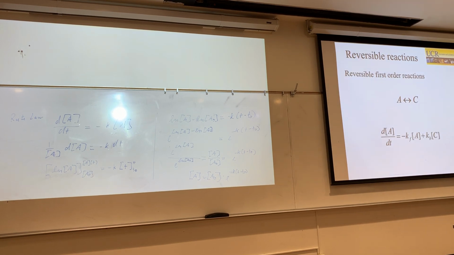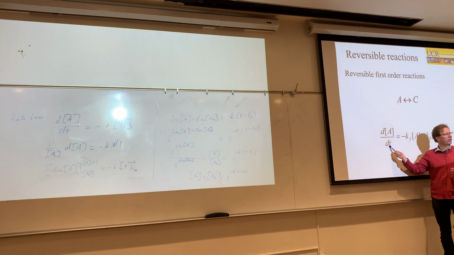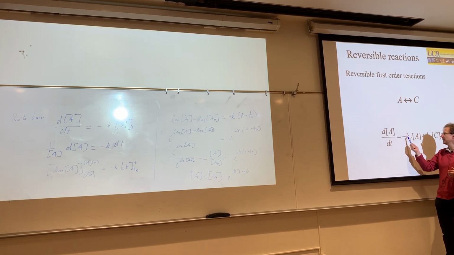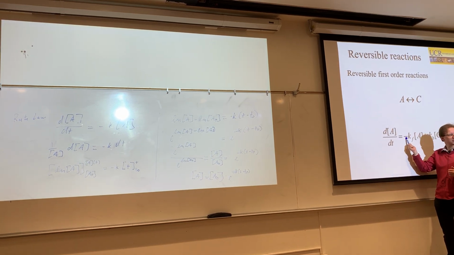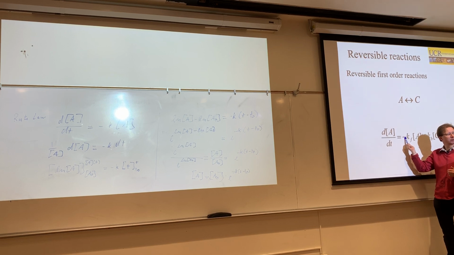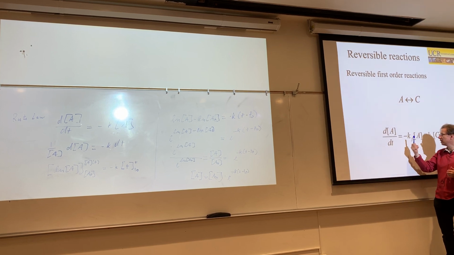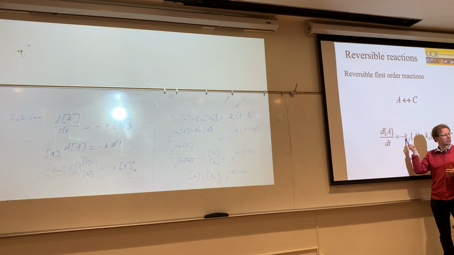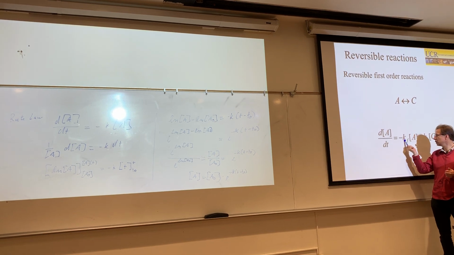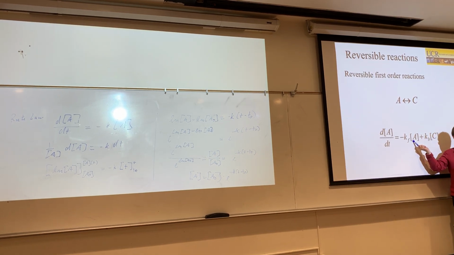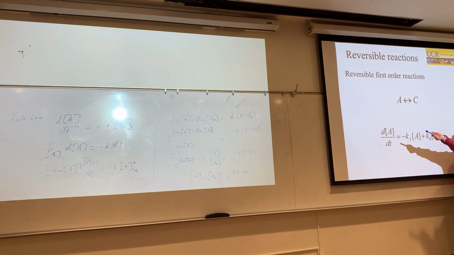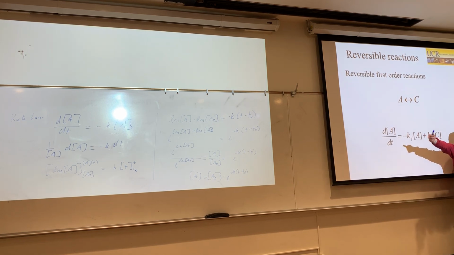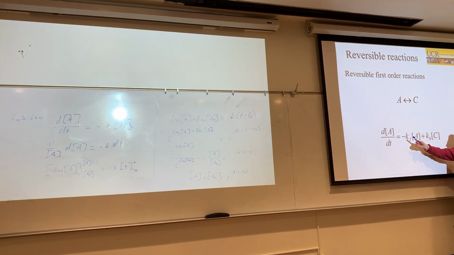So what I can guess from that right away is that the change of the concentration of A has a minus sign, because it goes away, with the rate constant for the forward reaction times the concentration of A. That was the same thing which we did on the board over there, the same unimolecular reaction.